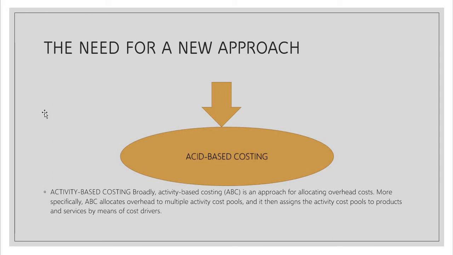The second stage assigns the overhead allocated to the activity. Okay, so balikan ulit natin yung kanyang teorya kanina about the ABC allocation cost. Products consume activities. So ngayon naman, after you allocate the overhead to different pools, you need to assign the overhead allocated to the activity cost pools to products using cost drivers.